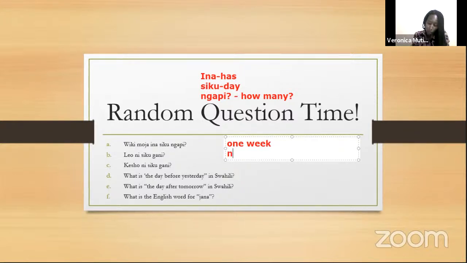So in Swahili, this will be wiki moja, 1 week. You can see they have changed positions. 1 week, wiki moja, week 1. That is how Swahili goes, the order of adjectives, the use of adjectives with nouns. So wiki moja ina siku ngapi?